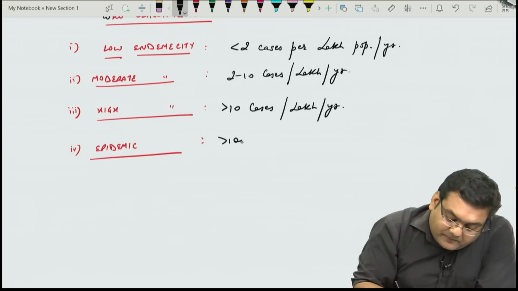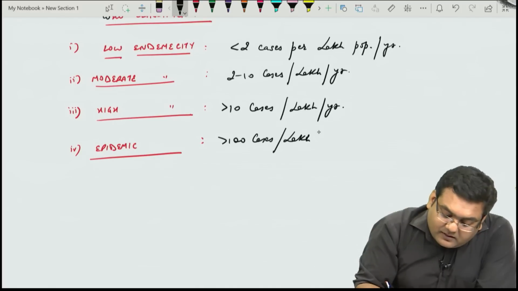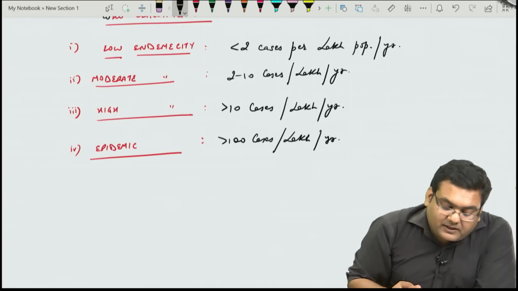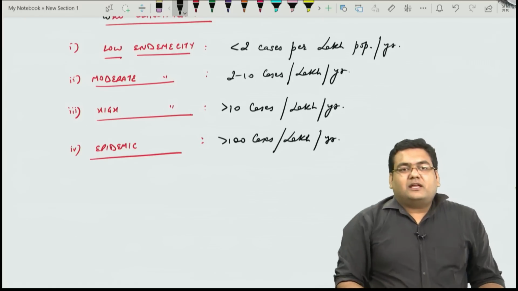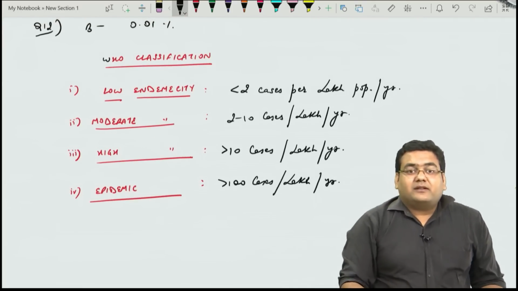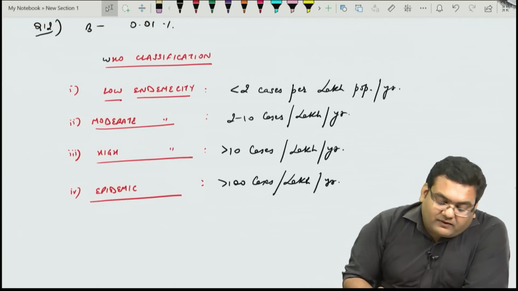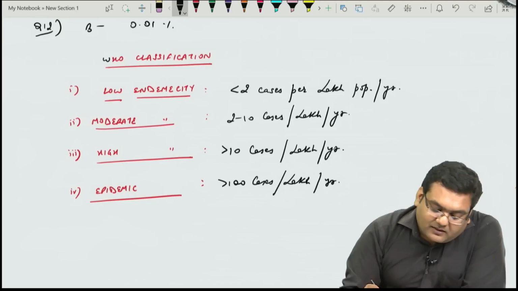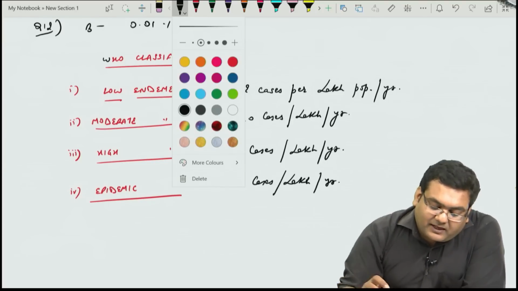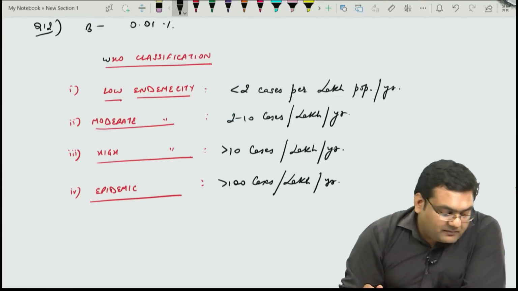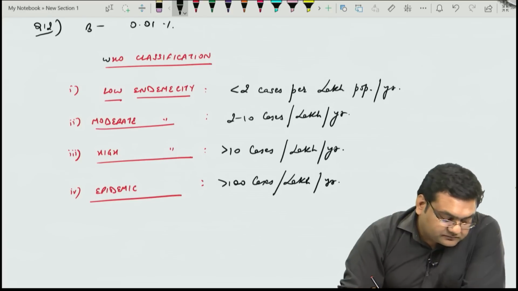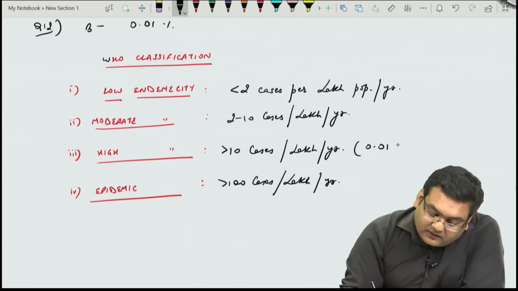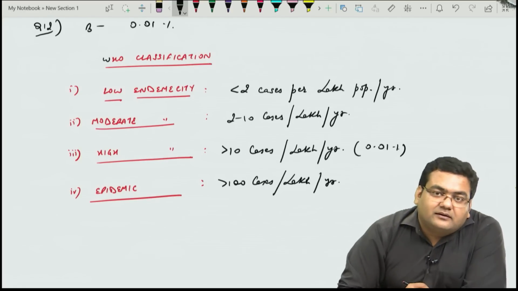When more than 100 cases occur per lakh population per year. Now in the question they have asked in terms of percentages. So when we calculate percentages, when we say 10 cases per lakh, what does it become? 0.01%.